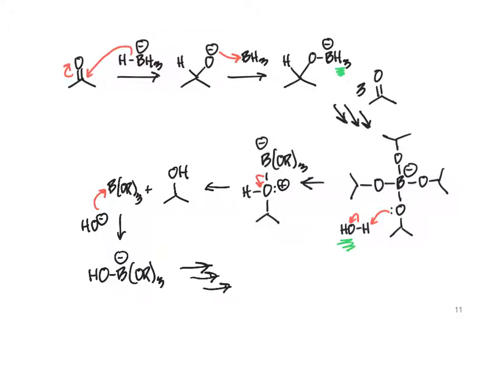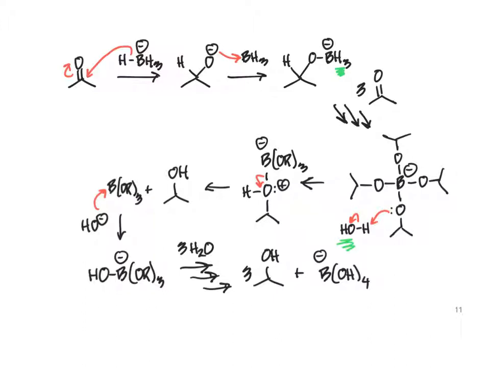In this case, with 3 more equivalents of water. Could be alcohol too. And so we got our remaining 3 equivalents of alcohol, and we end up forming this borate. So that's our mechanism for the reduction of an aldehyde or ketone using sodium borohydride.